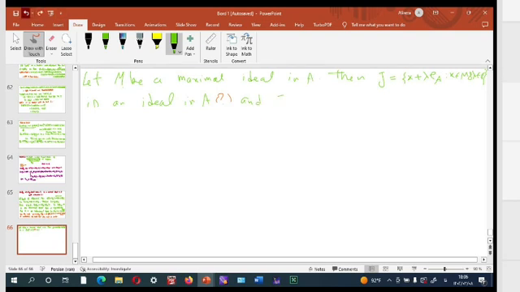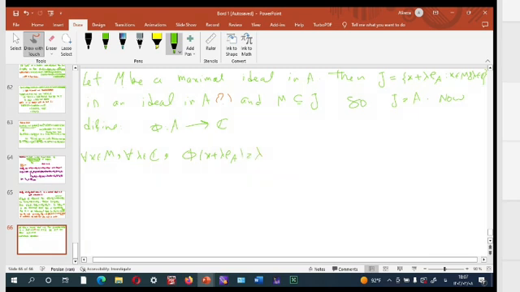And J contains M. So this J must be equal to the whole of A. Now define φ from A to C by this rule: for any x in M and for any λ in the complex numbers, φ(x + λe_A) equals λ.